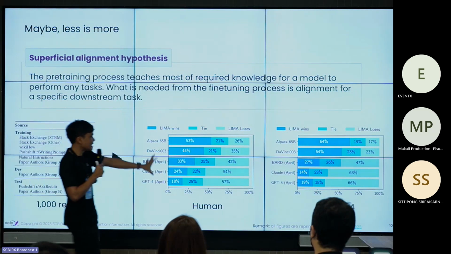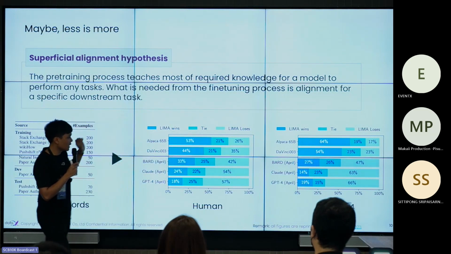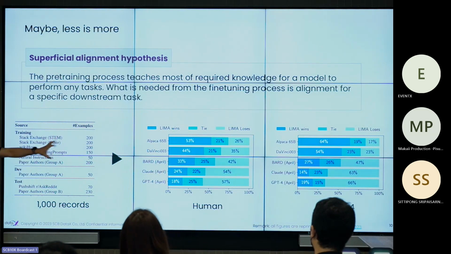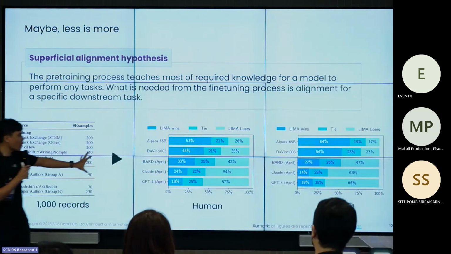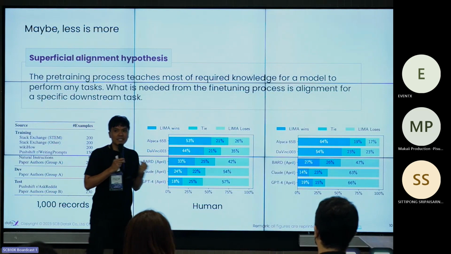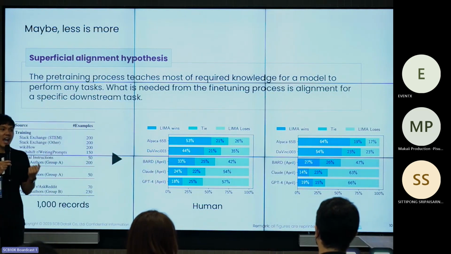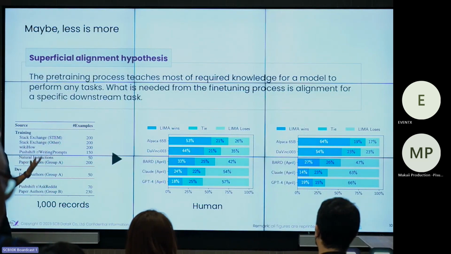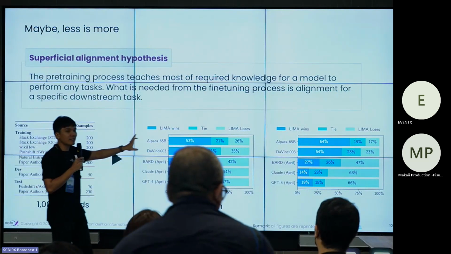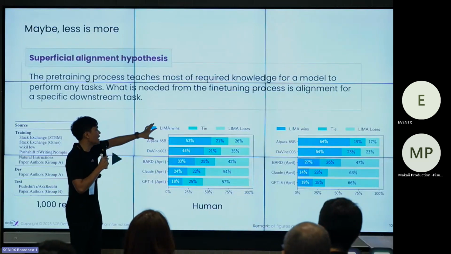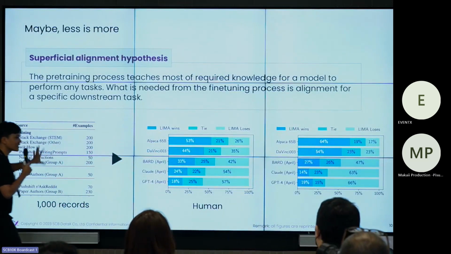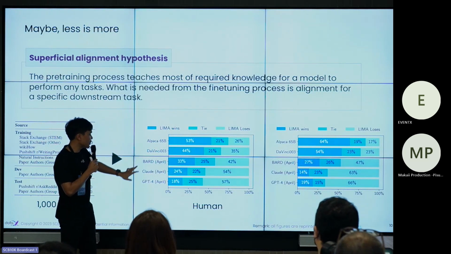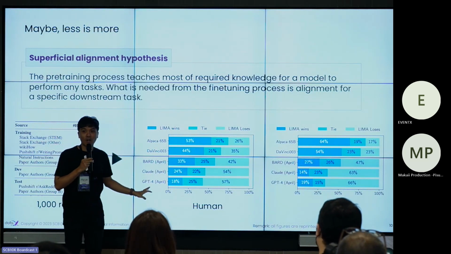These are the results on the bottom right panel. We can see two bar charts. The first one, with the label human, means that we use humans as annotators to judge the performance of the model, comparing the response obtained from the LIMA model with other models, namely Alpaca, DaVinci, Bard, Claude, and GPT-4.